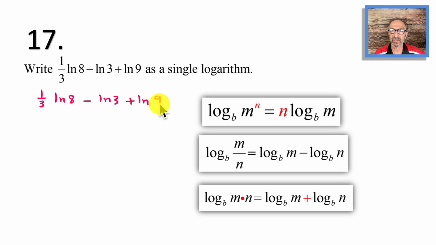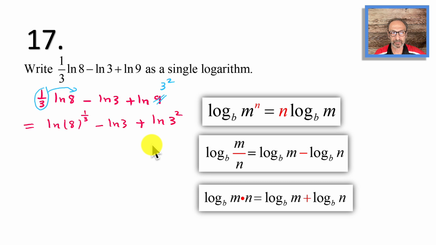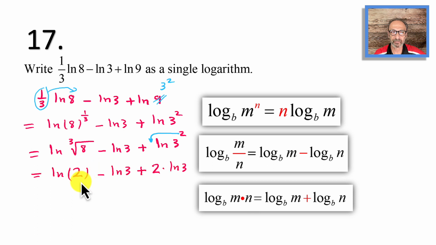And we could write the 9 as 3 to the second. So here we go. That's what we have. Next, with this rule, we could take the 2 up front, just like the previous example. And this right here is the cubic root of 8. The cubic root of 8 is 2. And this becomes 2 ln 3.